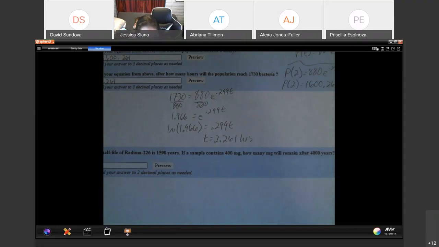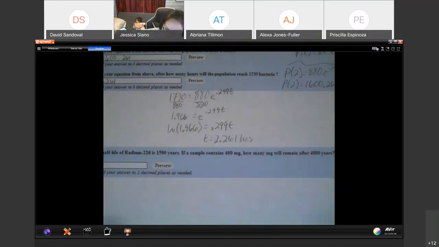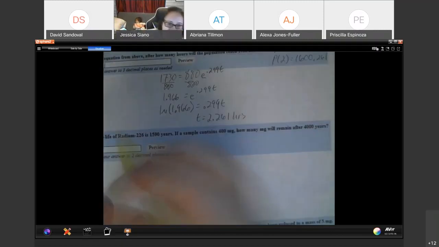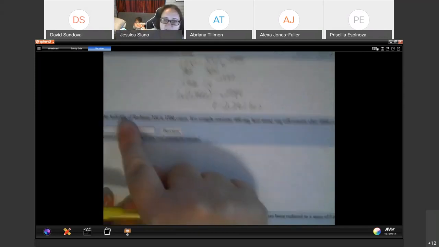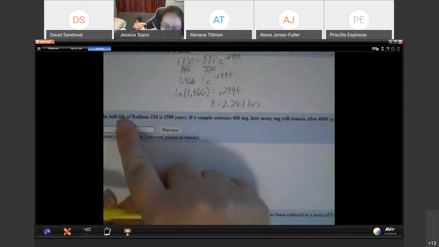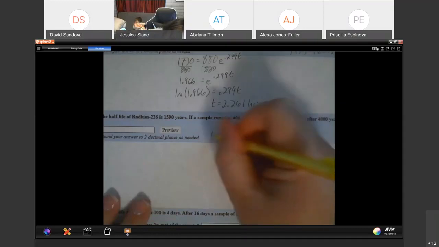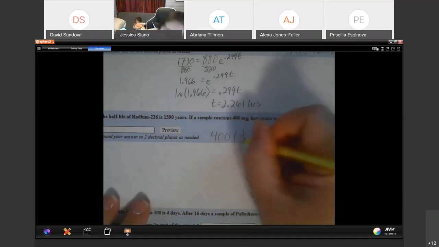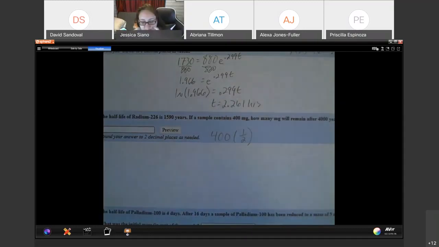So that means we need to know at what rate is it decreasing? Oh, no, we don't. So here we would say it's a half-life. So I would say that my initial amount is 400, and then it's a half-life. So my base is a half.